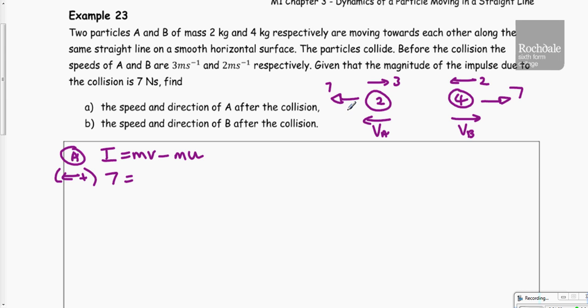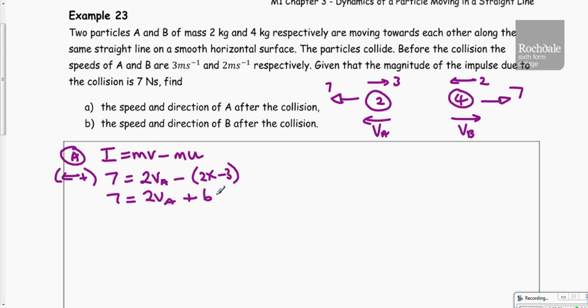The speed afterwards is to the left, I've called it VA, velocity of A. And then initially the speed was to the right, so that will be negative, and we're subtracting it, so that will obviously become a plus in a second. So we're going to have 7 equals 2 times velocity of A, plus 6.